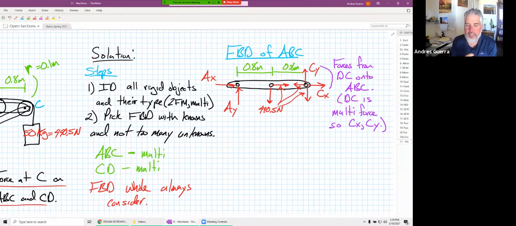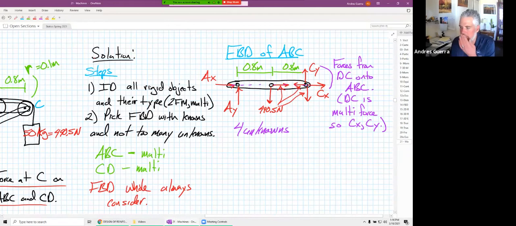The other reason is because points A and C, even though we have four unknowns, are all in this horizontal line. And so I can start to solve for stuff because if I sum moments at A, I can find CY. And so I'm already starting to find some of the forces that I'm looking for in this problem.